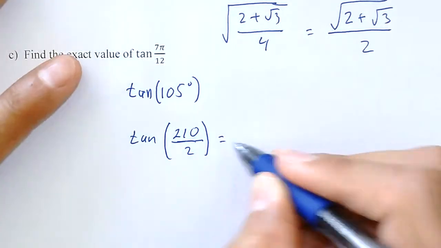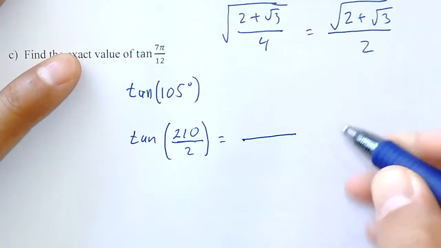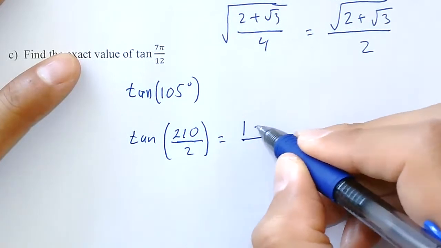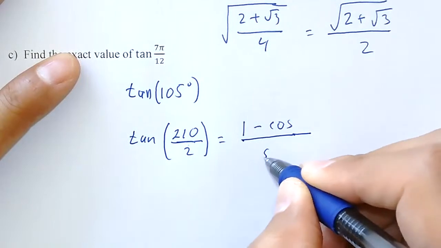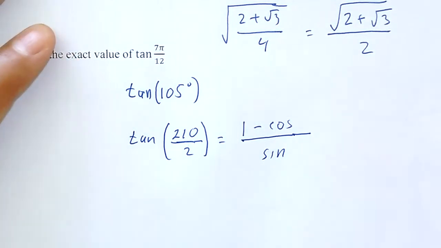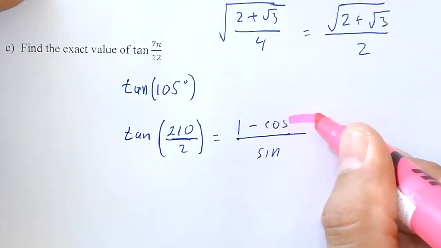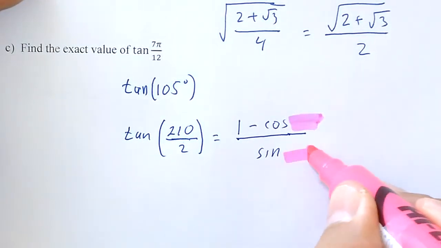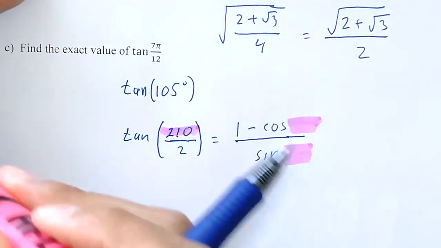And so when I figure out the tangent of 210 over 2, the formula that I'm going to use is 1 minus the cosine of theta divided by the sine of theta. 1 minus the cosine divided by the sine. And the angle that I'm going to use is that one.